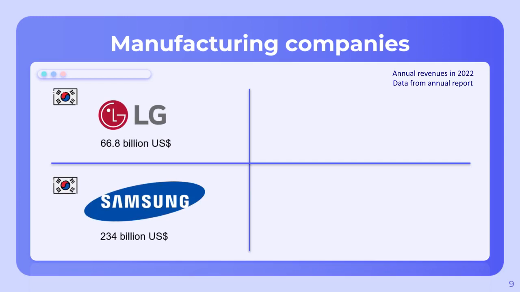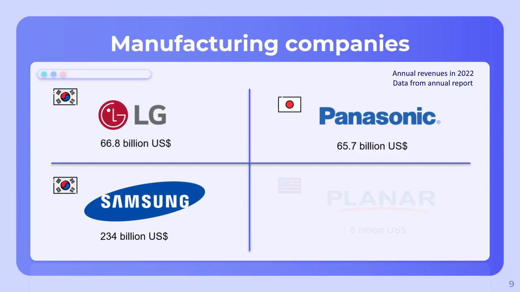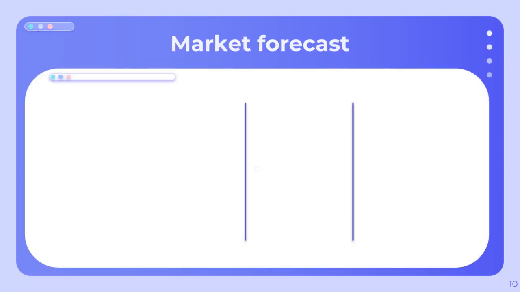Secondly, Samsung, also a South Korean company, with 234 billion US dollars, who is also competing with LG for the market of TV and transparent display. Thirdly, Panasonic, a Japanese company reaching an annual revenue of 65.7 billion US dollars, and finally, Planar, a US-based company.